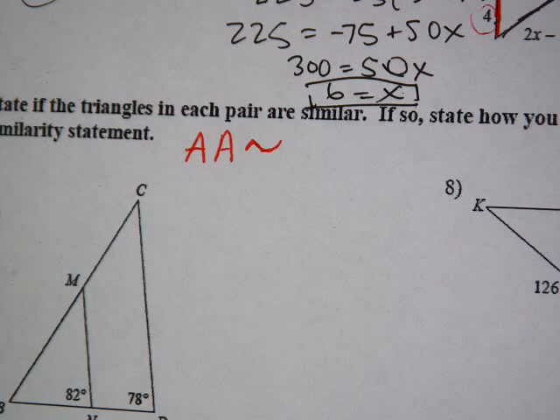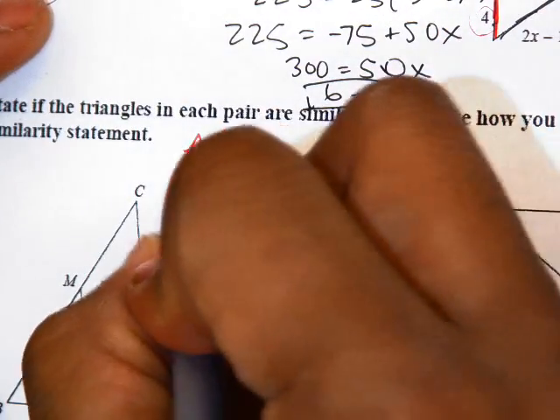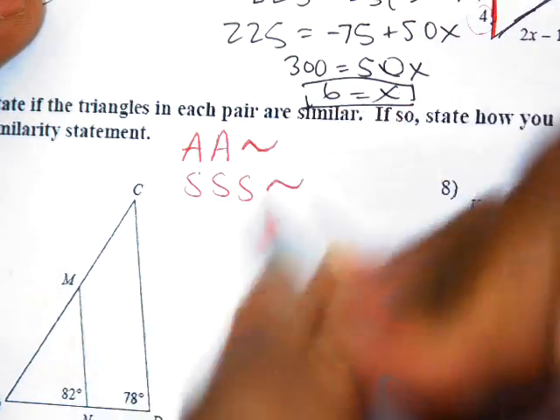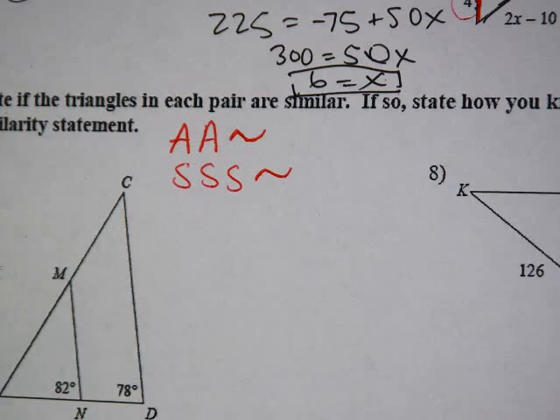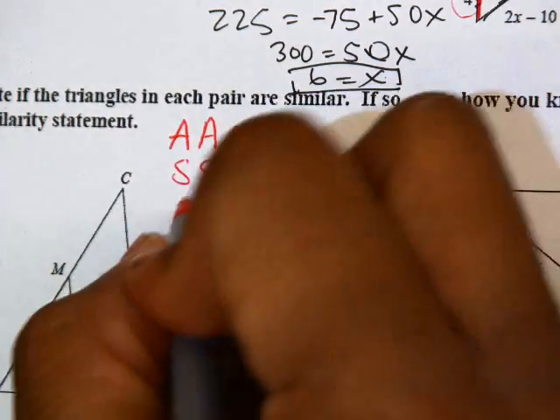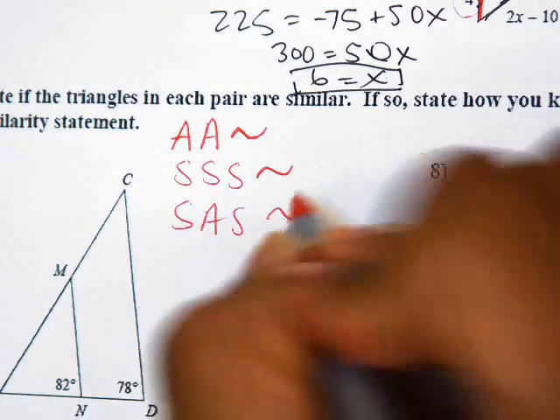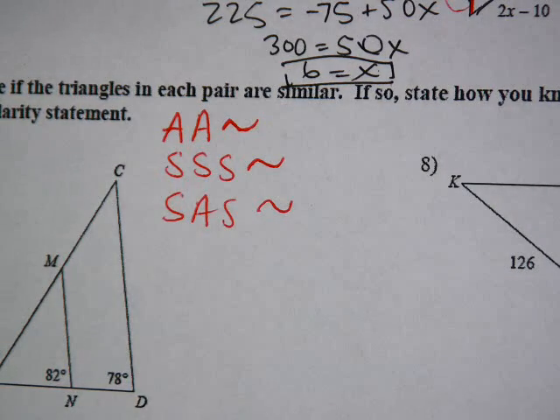That's enough to show that the triangles are similar. There is side, side, side similarity, where you have 3 pairs of sides proportional. That's enough to show that triangles are similar. And there's side angle side similarity, where you have 2 pairs of sides that are proportional and the angle in between is equal.